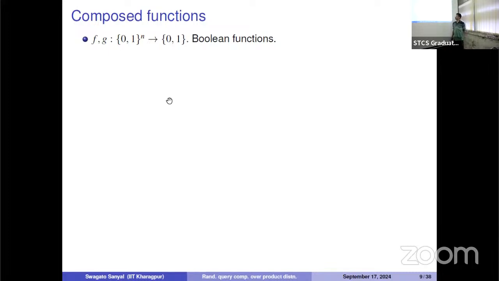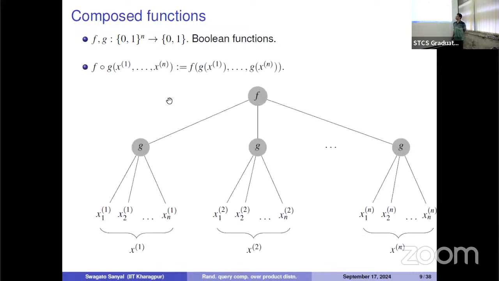Because of this assumption, f compose g is a function on n squared bits that is defined pictorially by this depth 2 tree. Think of this tree as a Boolean circuit with f and g gates. You partition the input bit string into n parts of n bits each.